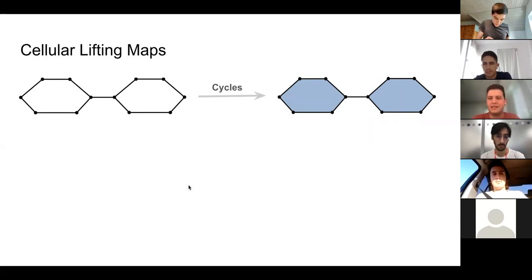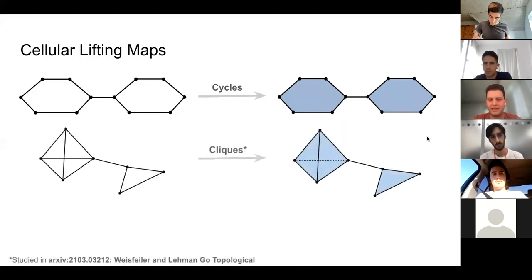We already saw such a procedure by gluing these higher dimensional cells. That's one example based here on cycles. So you glue these 2-cells wherever you see a simple cycle in the graph or an induced cycle. That might vary depending on what you prefer.